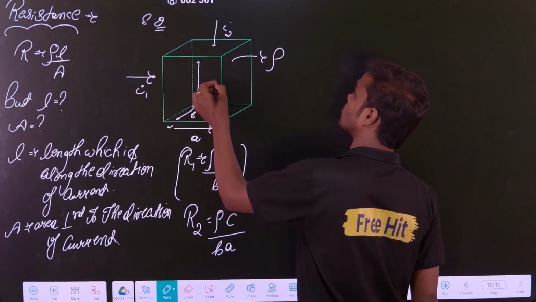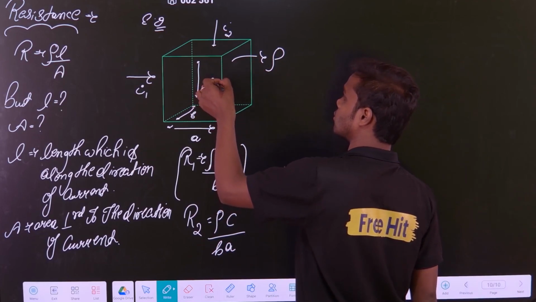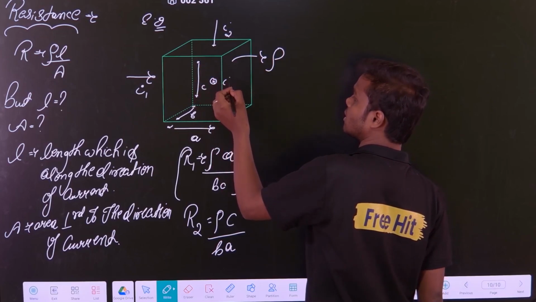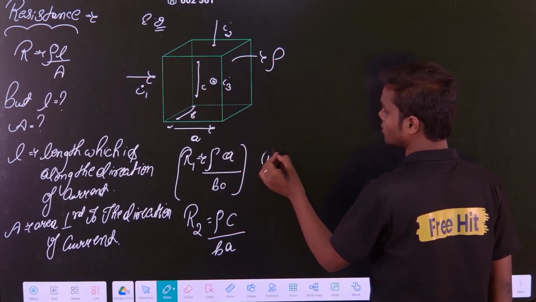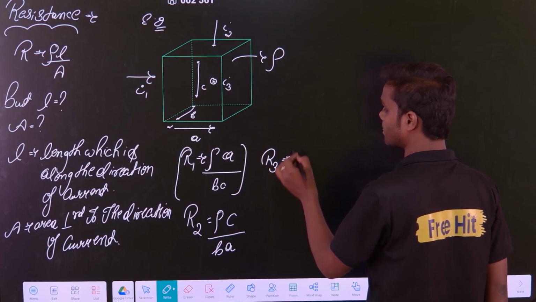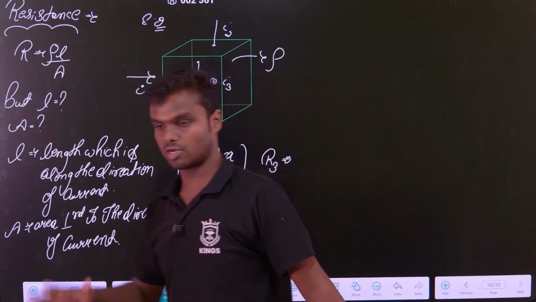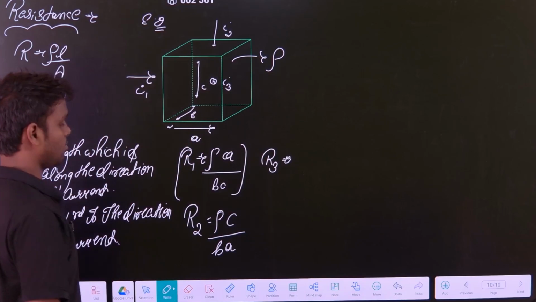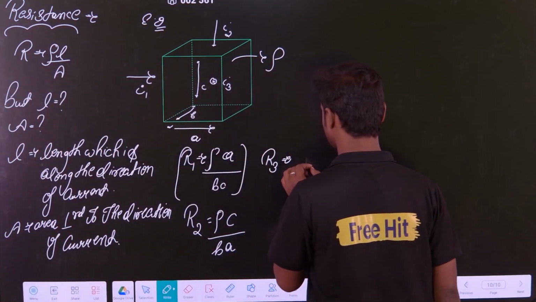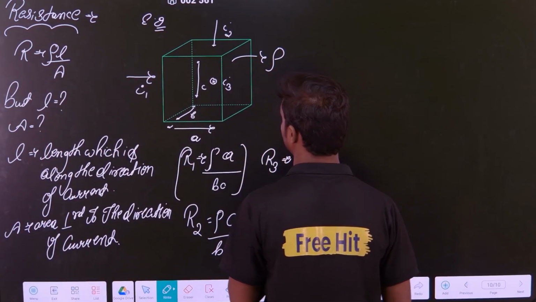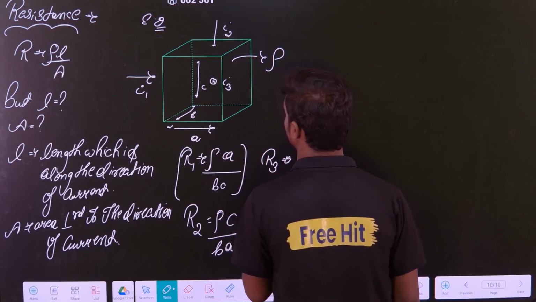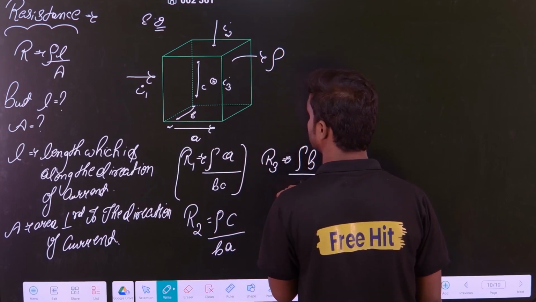Similarly, let us suppose the current is going inside. This cross means the current is going into the page. Suppose this current is I3. Now can you tell me what is my R3 resistance? Now you have to write it down. I won't write it. Write it in your notebook and match the answer with me. Everyone please write it.